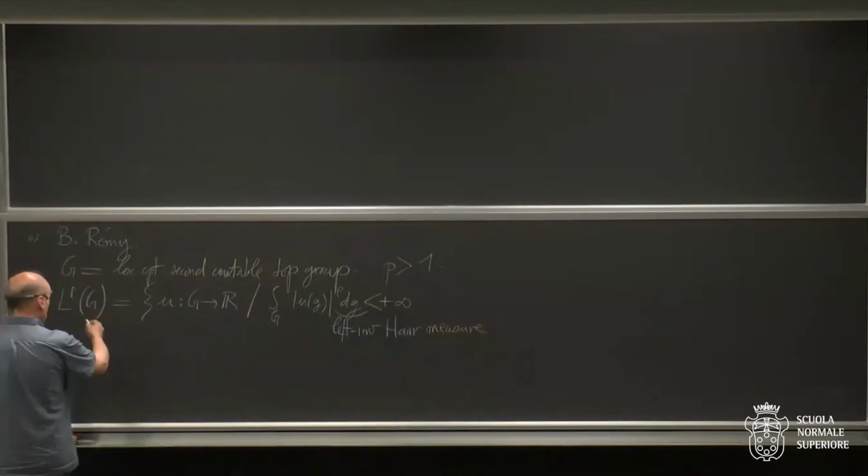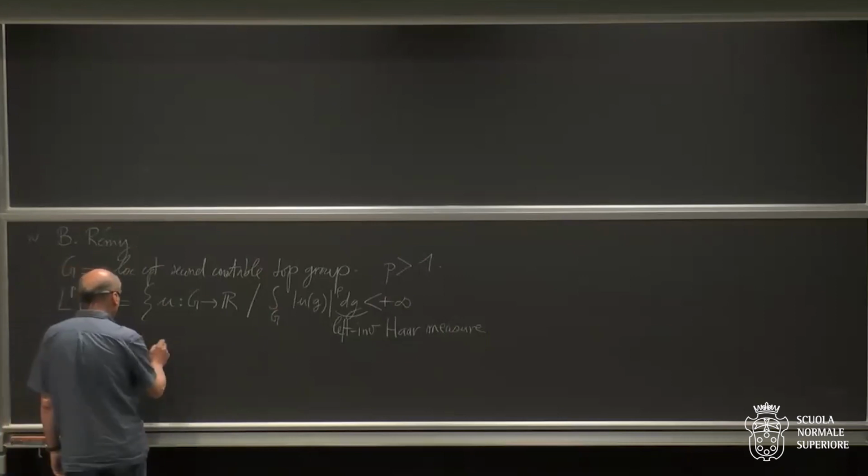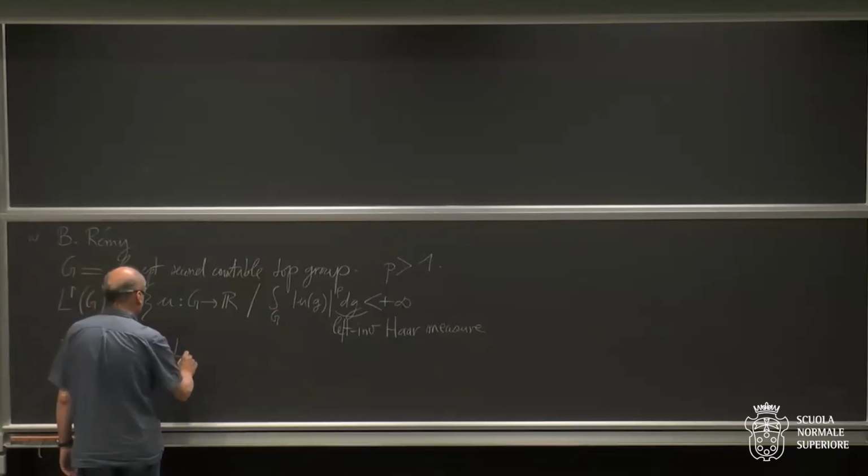And we consider also pi from G to the isometries of Lp(G), the right regular representation.